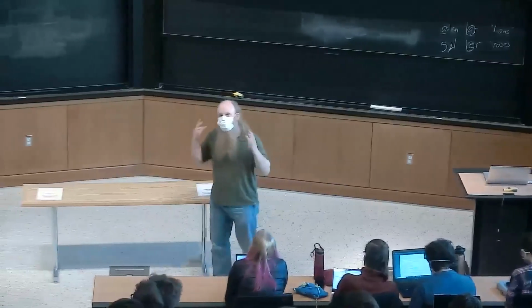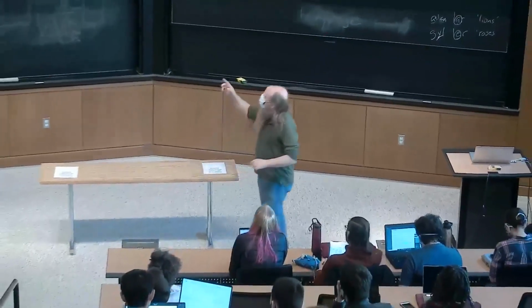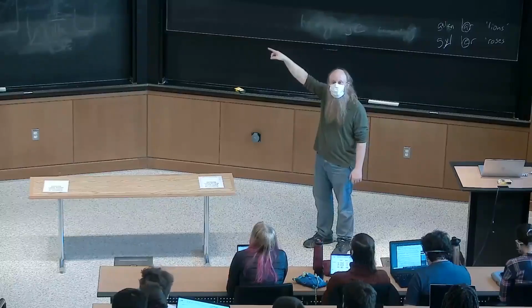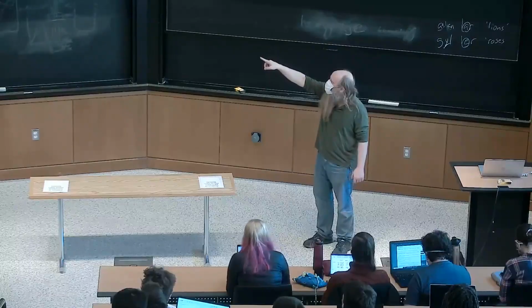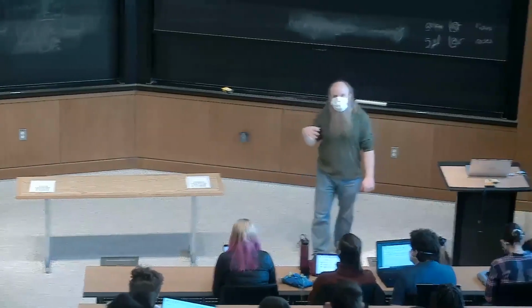Oh, except don't create vowels that don't exist in Finnish. So when you're doing "on the child," it would be nice if you've got a back vowel and then a front vowel and then a back vowel. But there's nothing you can do about the front vowel A. There isn't a corresponding back vowel in Finnish, right?